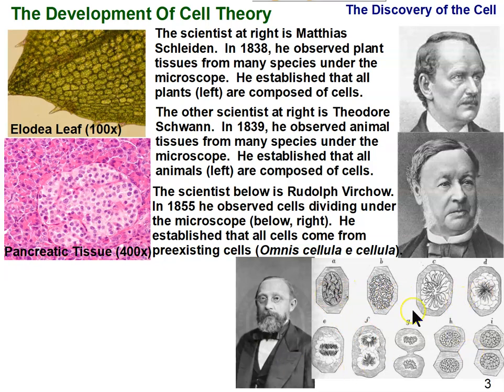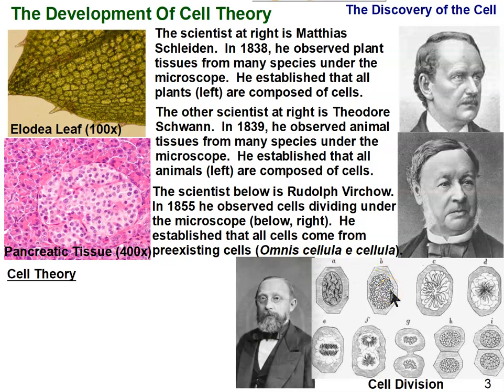And maybe you can tell that what's going on here is cell division. So he established that all cells come from pre-existing cells. And that's another component of cell theory. And he termed it, in Latin, omnis cellula e cellula. All cells from cells.